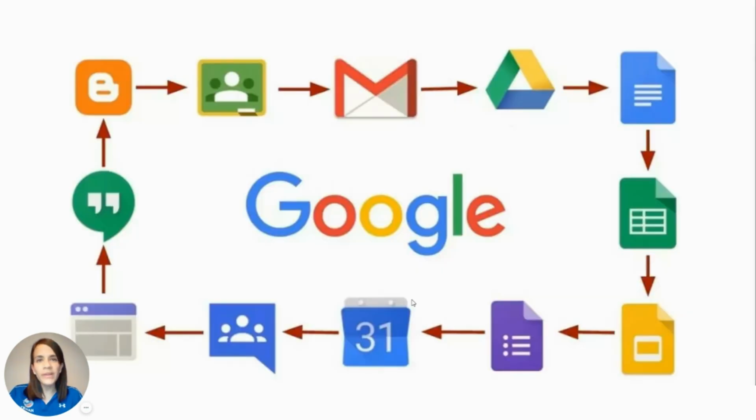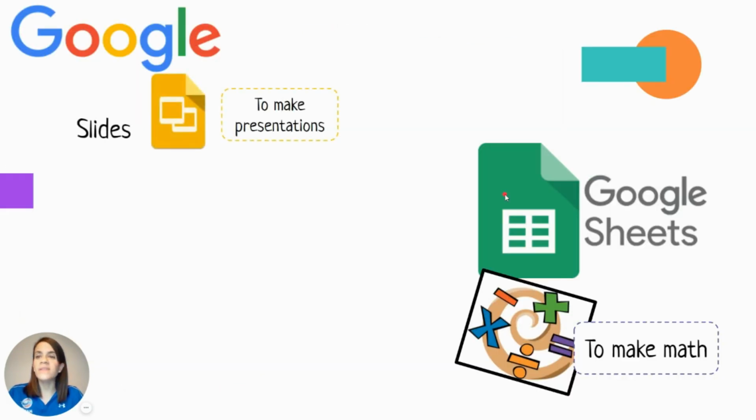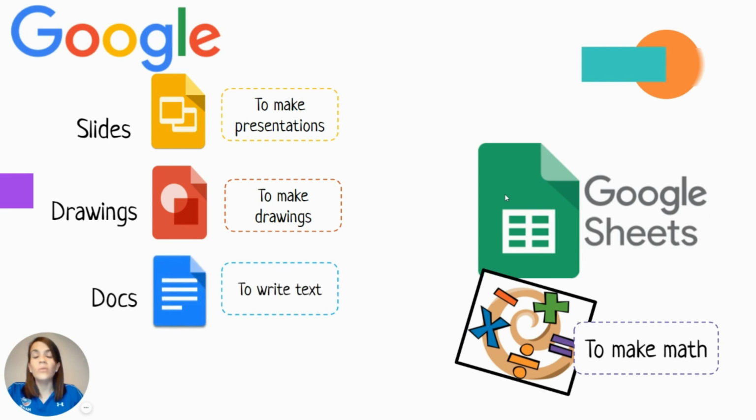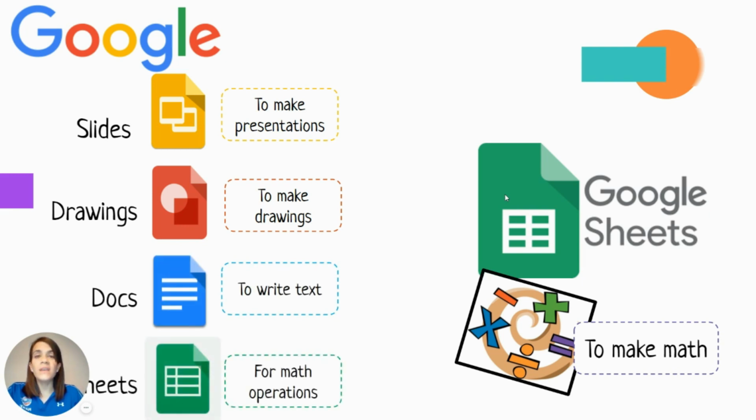Remember that your student account gives you the possibility of using a lot of Google tools. Within these tools, we can see Google Slides. It's helpful to make presentations, Google Drawings to make drawings, Google Docs, Google Sheets, Jamboard, and many others. Now, in this class, we're going to focus on Google Sheets.